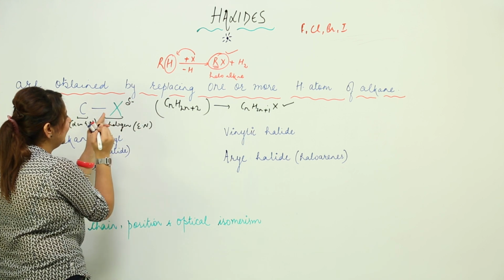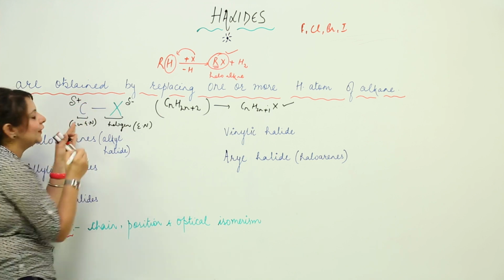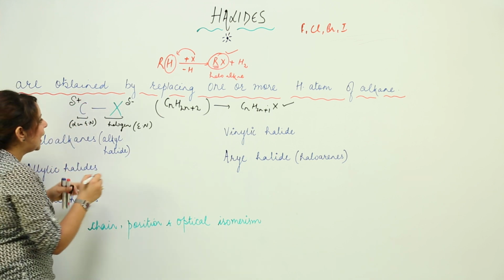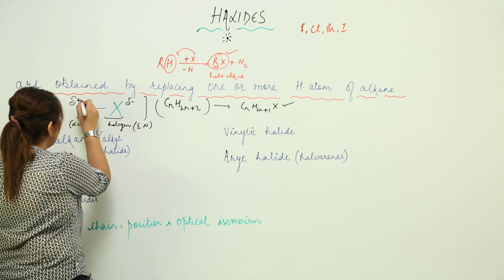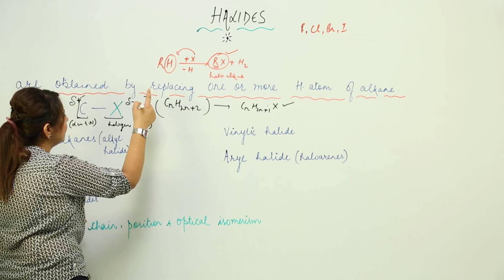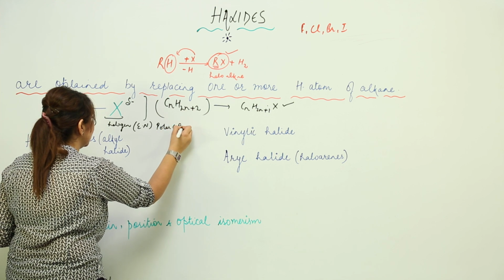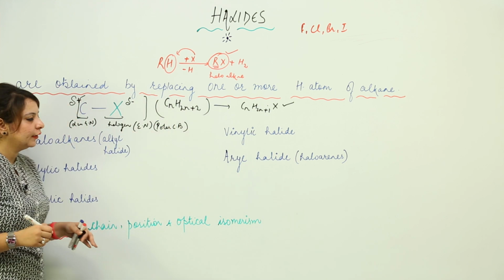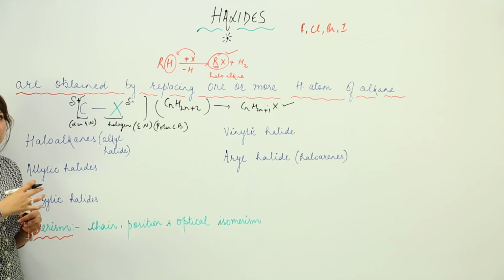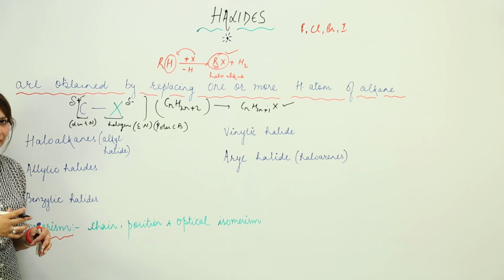As a result it gets a partial negative charge and the carbon gets a partial positive charge. So the bond between R and the halogen is a polar covalent bond, meaning it has a dipole interaction in it.